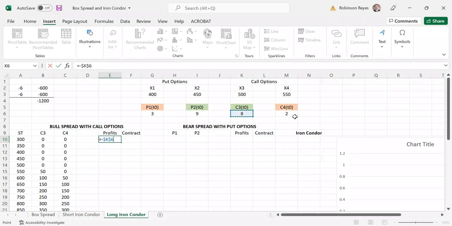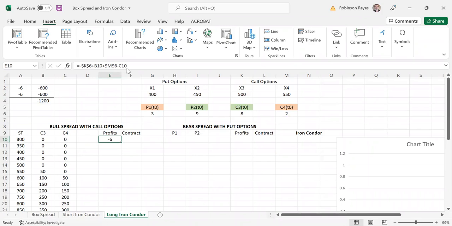Because I bought that call option, I am entitled to its intrinsic value. And then I'm going to sell the high strike, the strike X4 call option, which is the call option with a premium of $2. I'm going to lock that, and because I sold it, I wrote it, I am going to be liable, or I'm going to lose the intrinsic value.